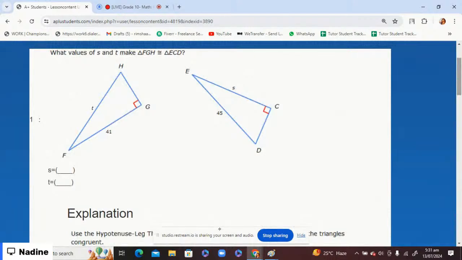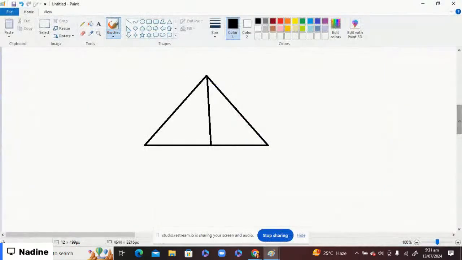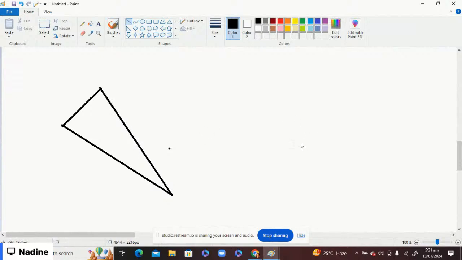Understand? Why is it the same? Look at here. For example, if I write some triangles here, these are the two triangles, okay?